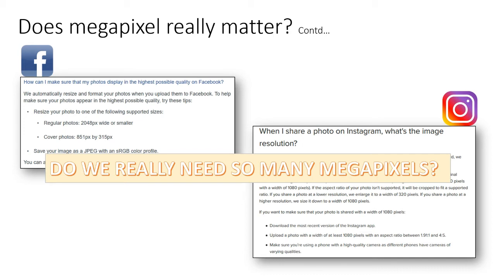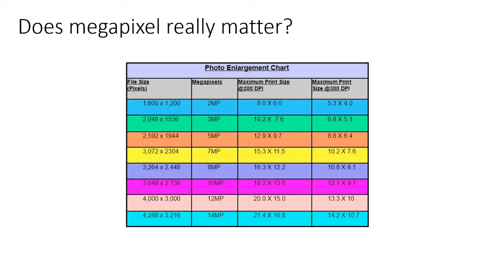Okay, let's look at it from another angle. This is the megapixel count and what the file sizes in pixels or the print sizes are. If you have a camera which has a 2 megapixel sensor, for Instagram you are good to go. You have a picture which has 1600 by 1200 pixels, and Instagram is going to trim 1600 down to 1080.